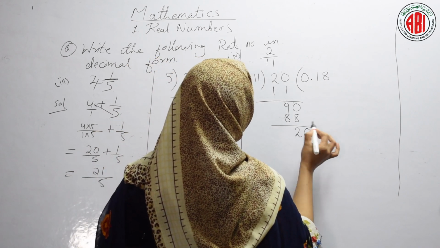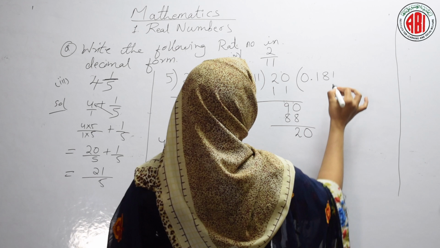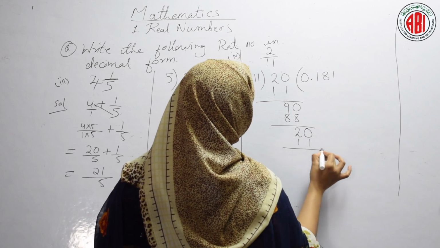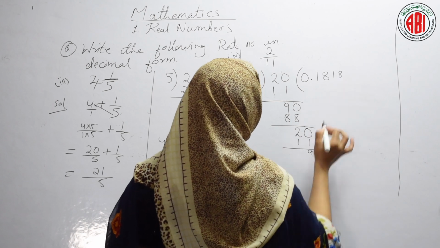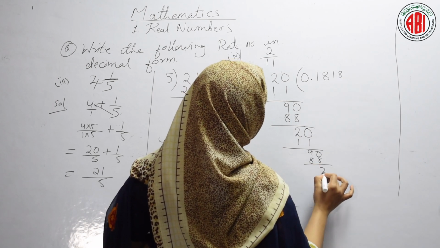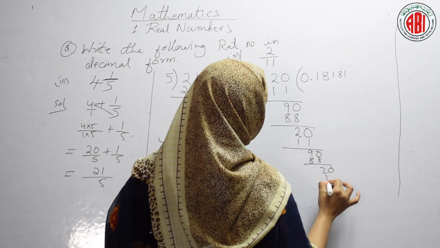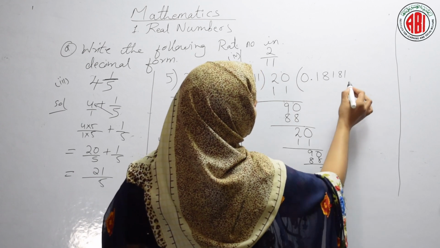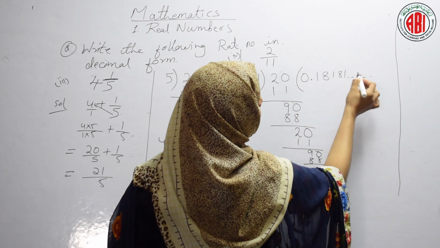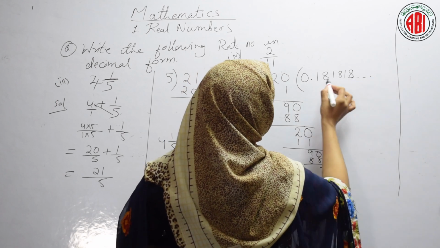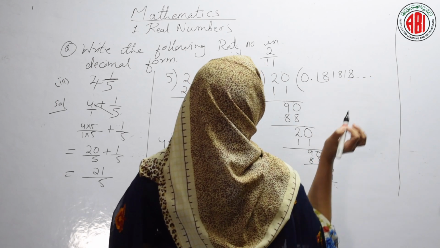Again we are getting 20, 20 also we can take as 11 ones are 11, again 10 minus 1, again 11 8s are 88, again remainder 2, again 11 ones are 11, and so on, we will get the same answer. You can see 0.18181818, you will get the same answer. So 1 2 is repeating here.